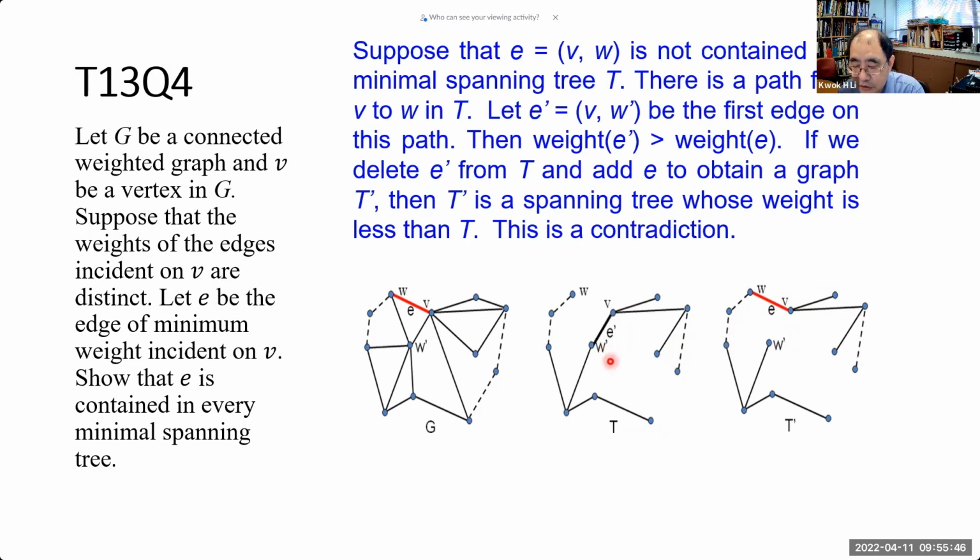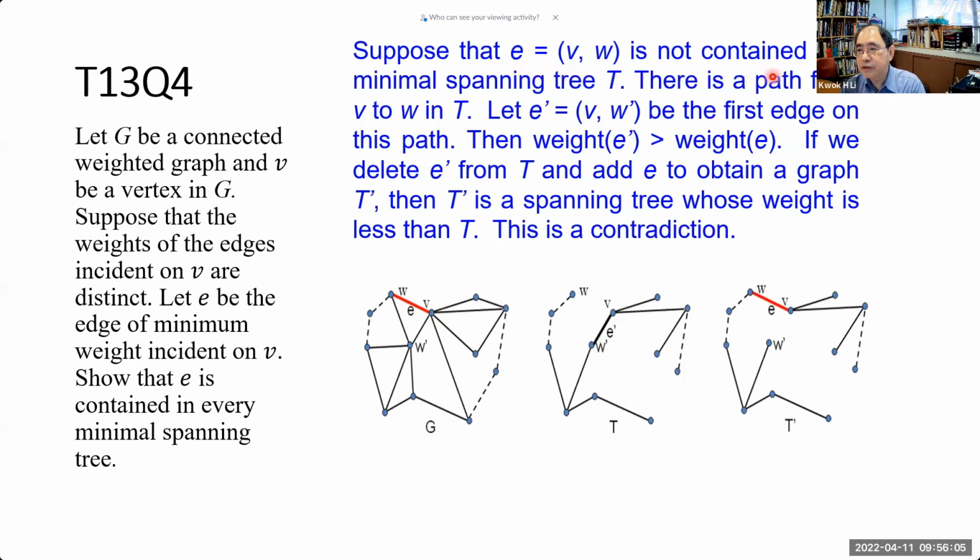So it's a contradiction. At the very beginning, we made the assumption that this is an MST, which is wrong. So if we don't include E, it cannot be a minimum spanning tree.